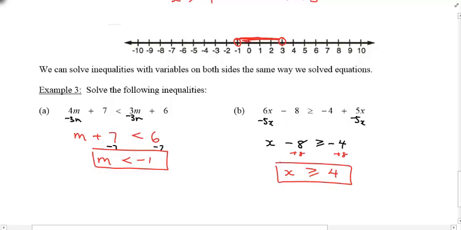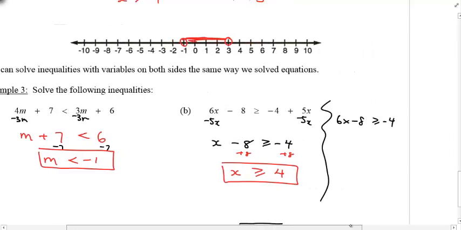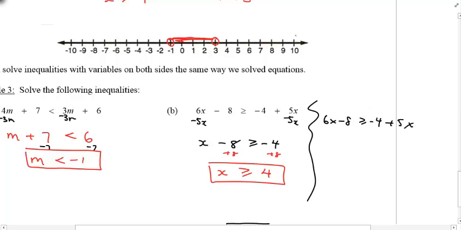Okay? Now, by the way, if you solve this one by moving things to the left, let me make a quick note. If you did this by subtracting 6x, negative 8 greater than or equal to negative 4, 5 minus 6 is negative x. Then you added 4 to both sides like this, negative 4 greater than or equal to negative x.